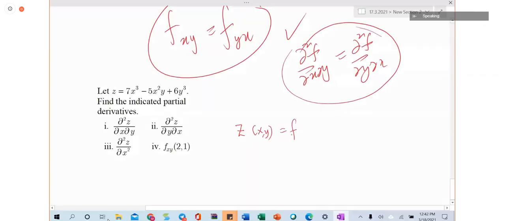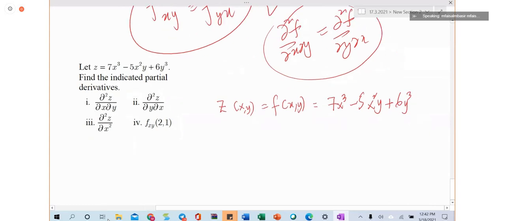This is just notation. z equals 7x cubed minus 5x squared y plus 6y cubed. So find del squared z over del y del x.